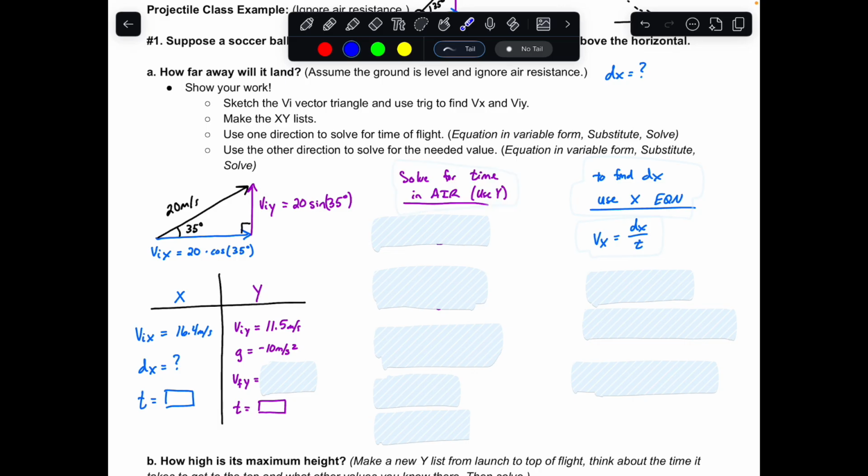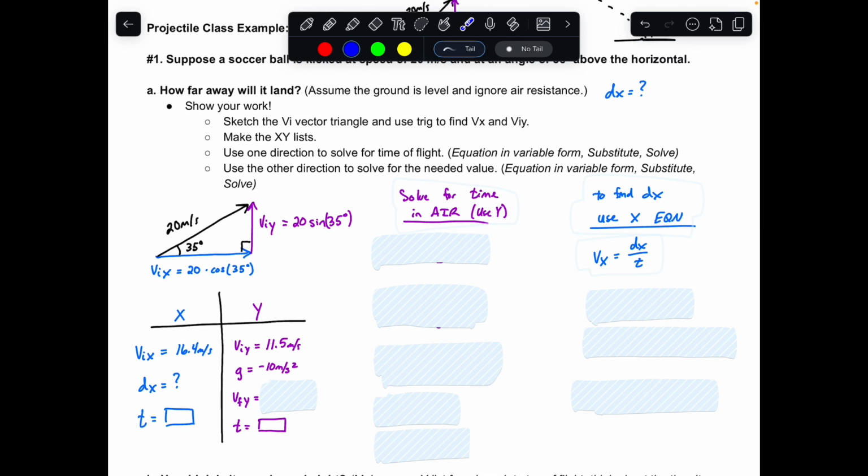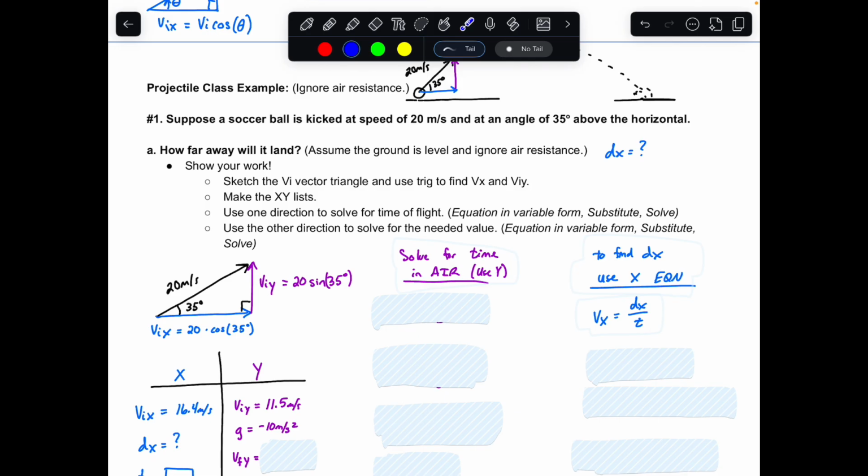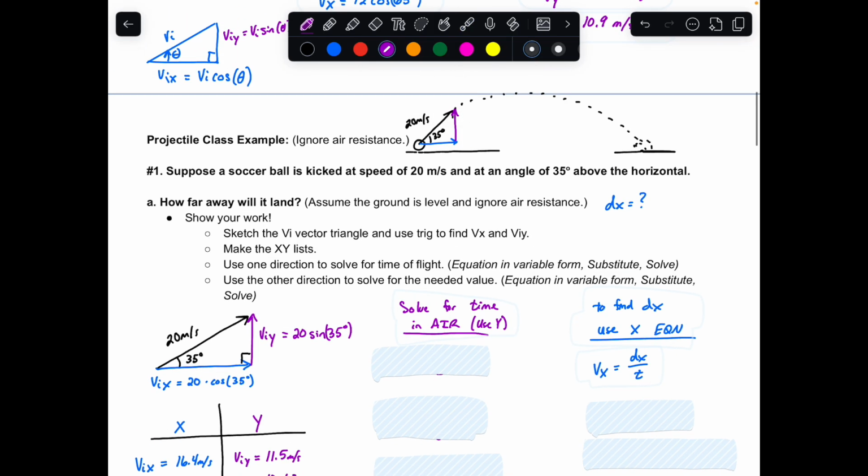All right, so in order to find this, I'm going to find my time in the air using y. I'm going to pick an equation, but I also have to think about some concepts here. I mentioned this already, but the velocity in the beginning might be our 11.5 meters per second positive in the y direction.